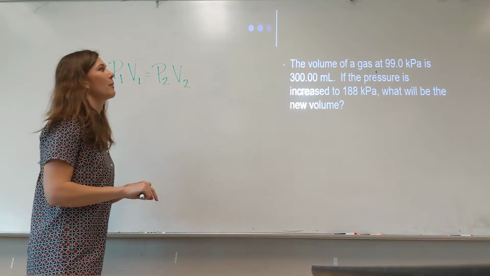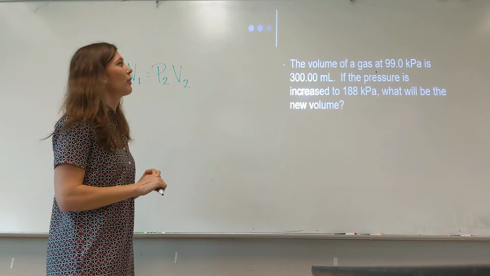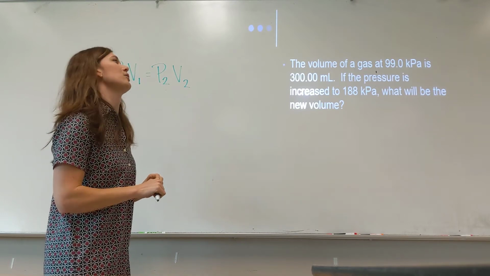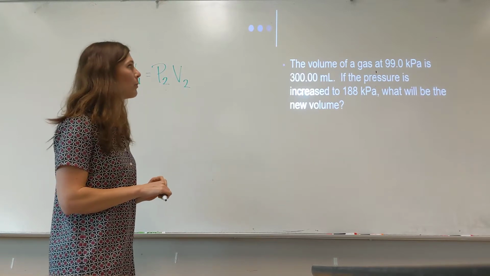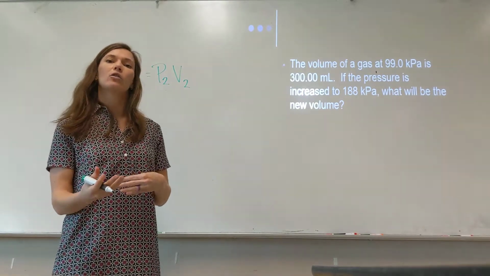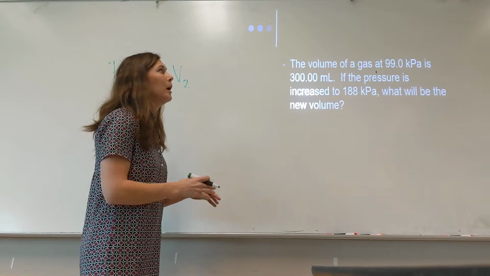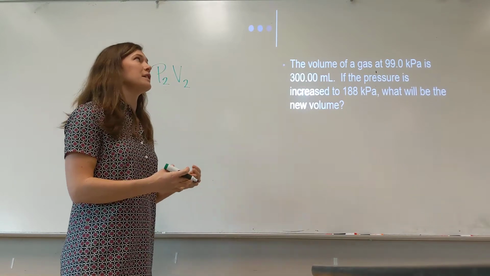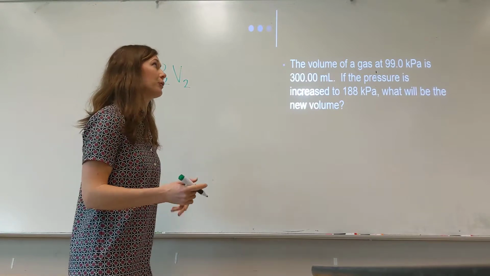So it says the volume of a gas at 99 kPa is held at 300 milliliters. If the pressure is increased to 188 kPa, what will be the new volume? All right, one thing that can get a little confusing about these problems, kind of straightforward in this problem, but can get a little confusing, is where do I put the P1, the V1, the P2, and the V2?